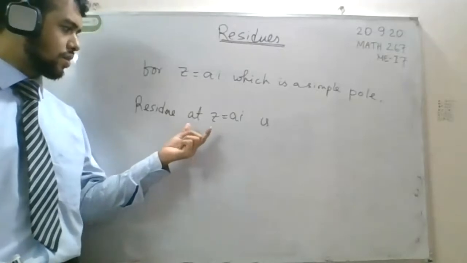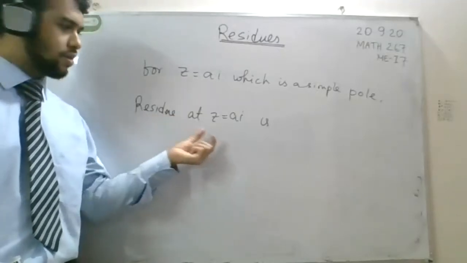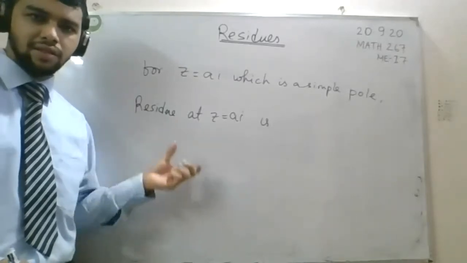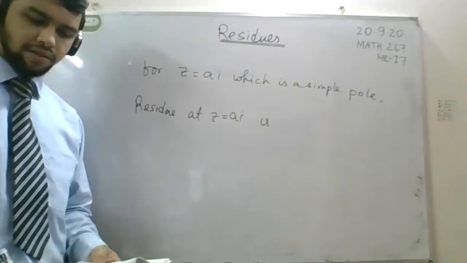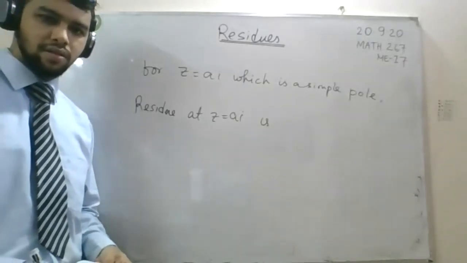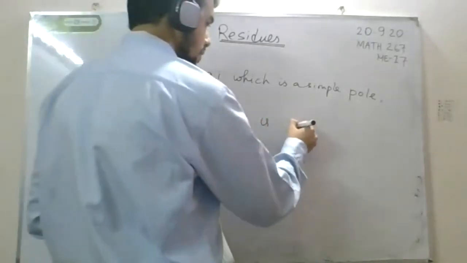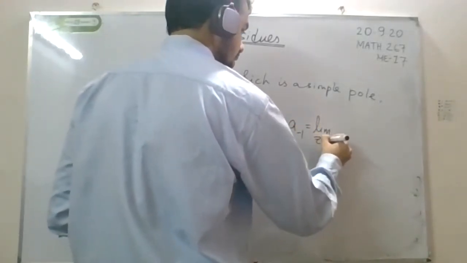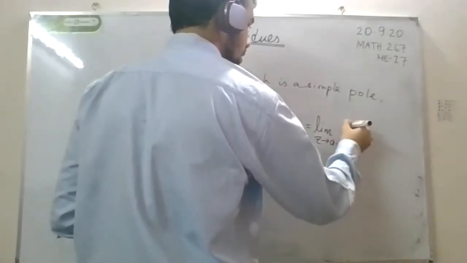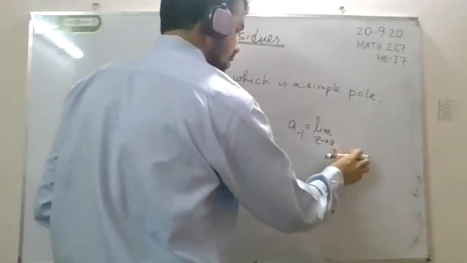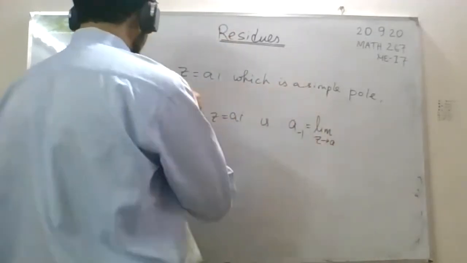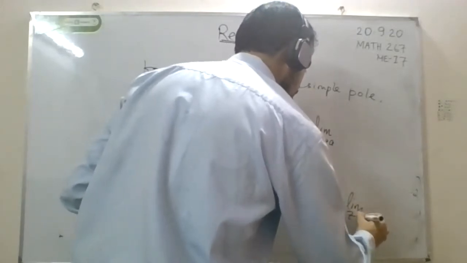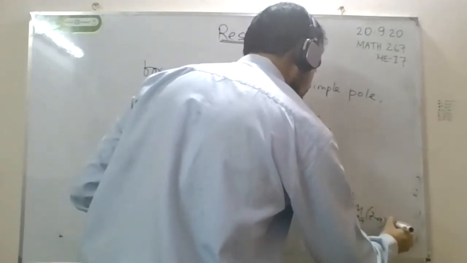What is the formula of residue for a simple pole of a function? It's okay, we have learned to prove a theorem, right? What was it? The residue a₋₁ equals the limit as z tends to a of (z minus a) times f(z).